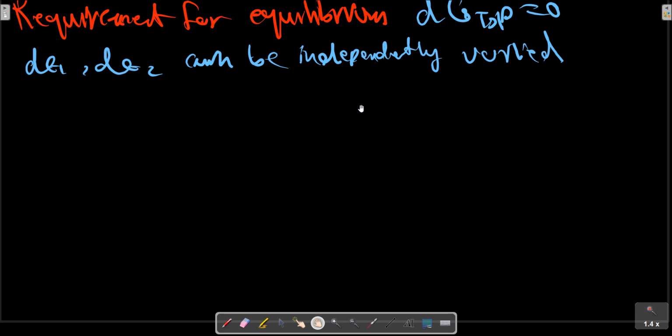It follows that at equilibrium, each of the brackets in the previous relation must be zero, defining the equilibrium constants for the two reactions. We can have ln K1 and ln K2.